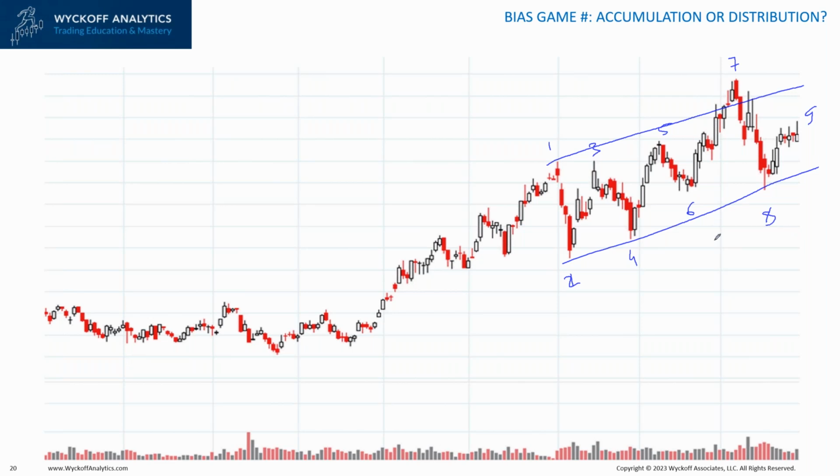Let's compare swing to swing. In the swing analysis, let's start with the rallies, rally to rally. Compare 1 and 3. What is more aggressive?